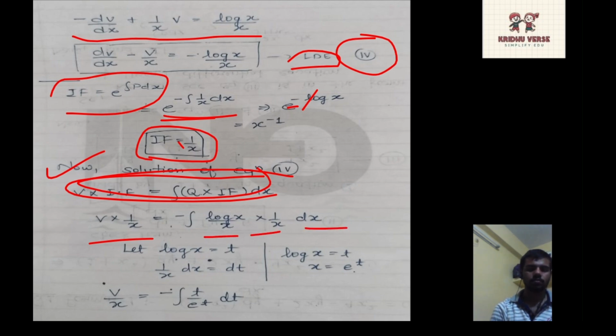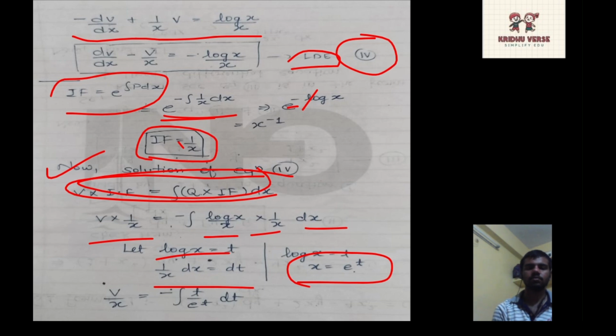Now again we have to use the substitution method of integration. We consider log x as t, so differentiating log x with respect to x, 1/x dx equals dt. Now log x equal to t means x equals e to the power t, because the log on one side goes to the other side as an exponential.